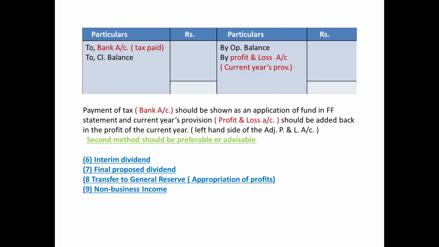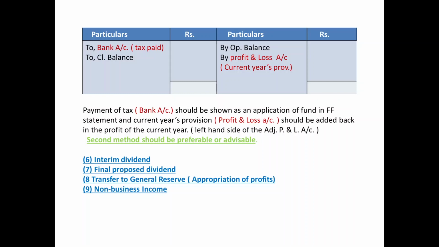See, credit side opening balance, debit side closing balance. Either one piece of information would have been given in the question regarding the payment of tax for the current year. If that is the case, income tax provision account debit to bank account credit, then you will get a balancing figure on the credit side, that is the current year's provision, profit and loss account debit to income tax provision account credit.